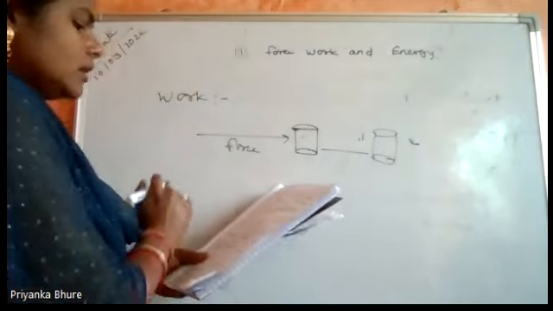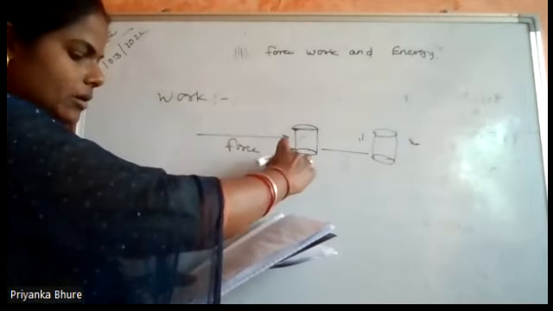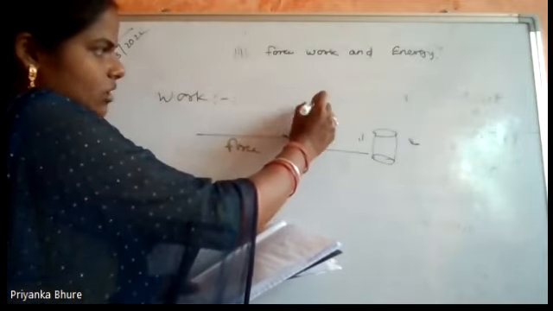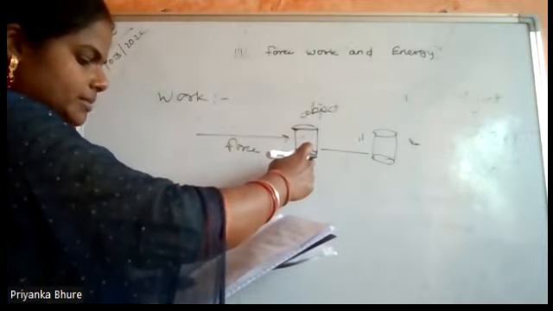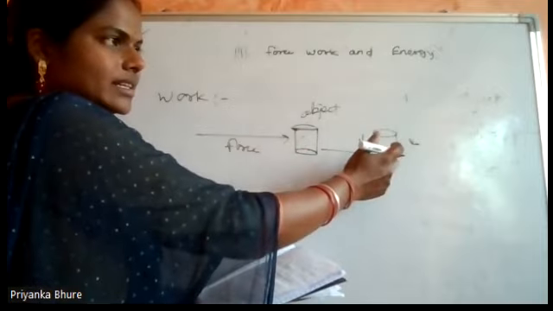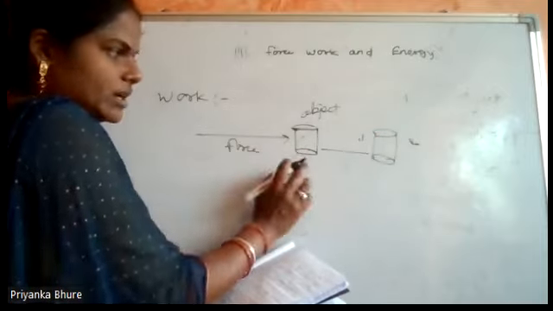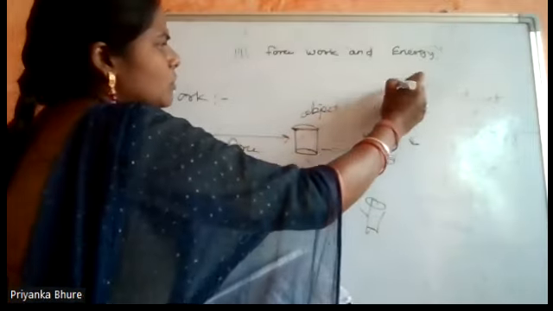So what happened here? Work is said to be done when a force is applied on an object and that causes the object to move a certain distance in the direction of the applied force. It is not moved over here, it is not moved over here.